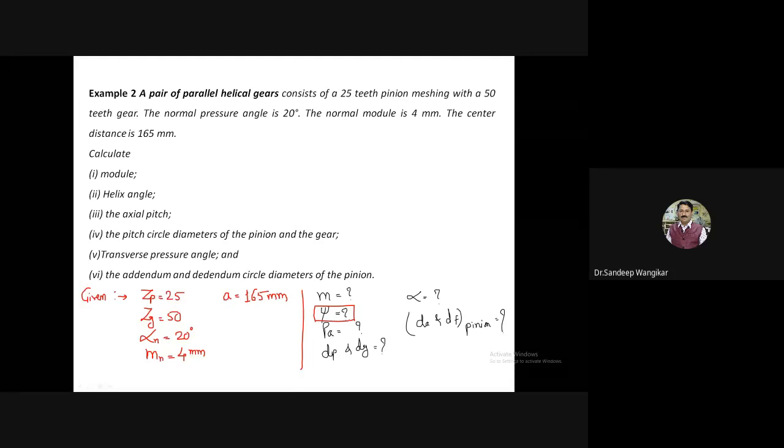Okay, let us start. Now we will start with the center distance, because we have to calculate this first, before any calculation. Though the module is asked first, we have to go for calculation of psi first. So we will calculate psi.